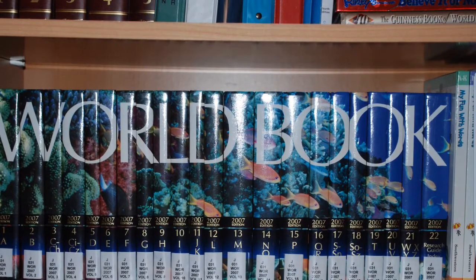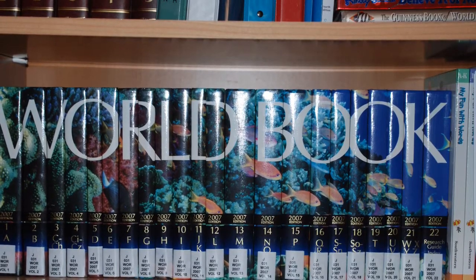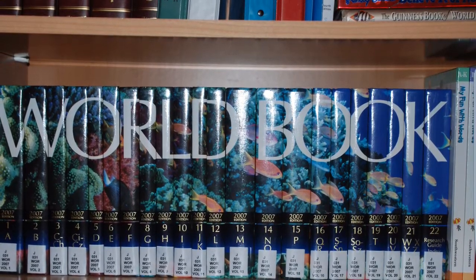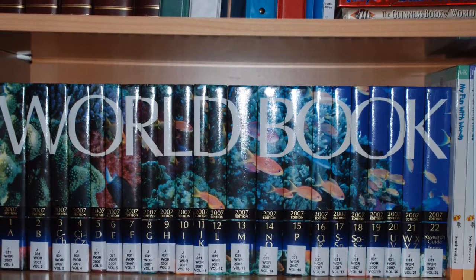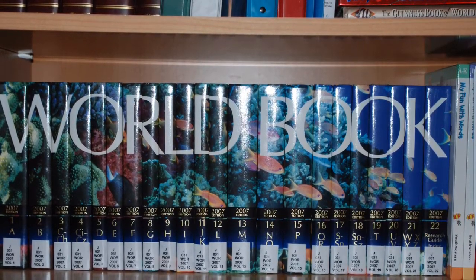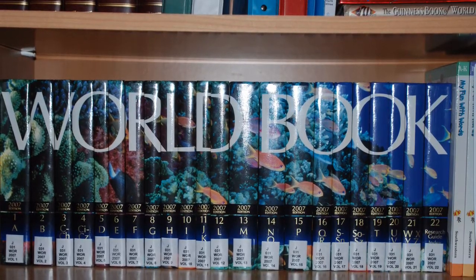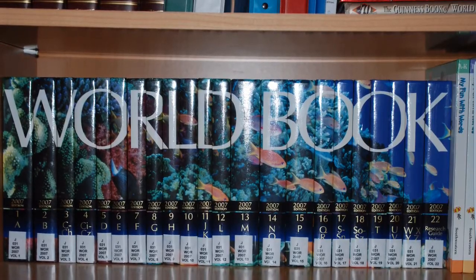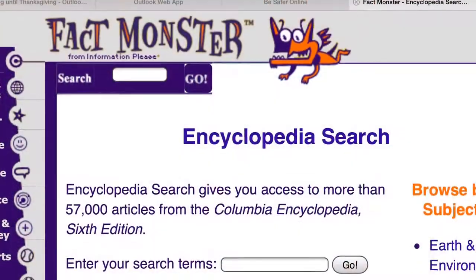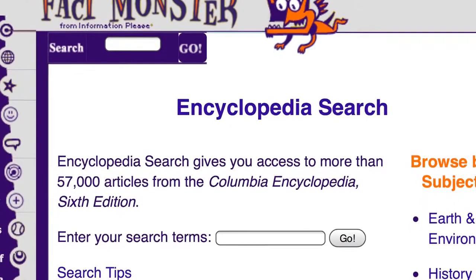Encyclopedias are books that give you brief but important information about your animal. There are hundreds of articles and topics in an encyclopedia. Encyclopedias are arranged in ABC order to make it easier to find what you need to find. There may be several books with letters listed in ABC order, like the ones you see on the screen. You can also find lots of information with the online encyclopedia, like Fact Monster.